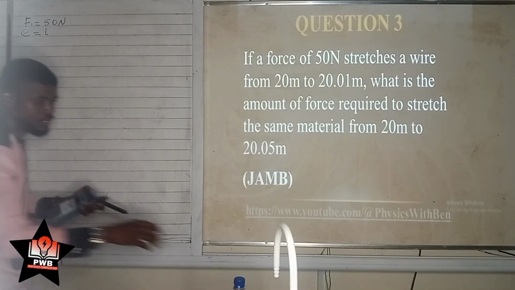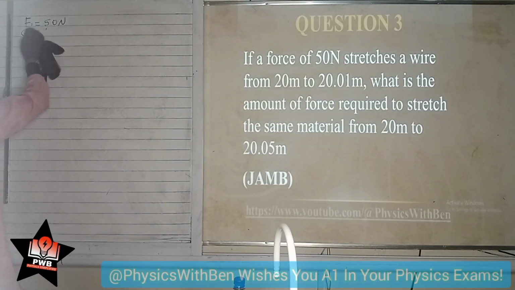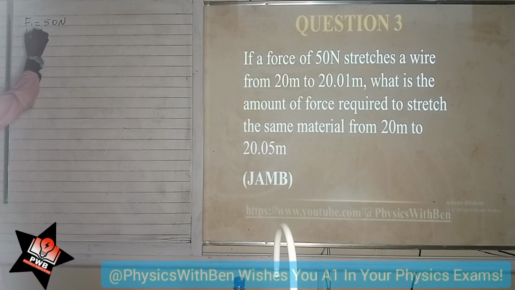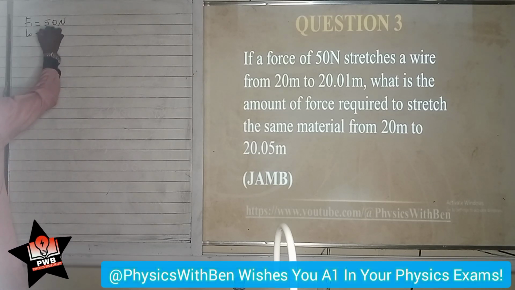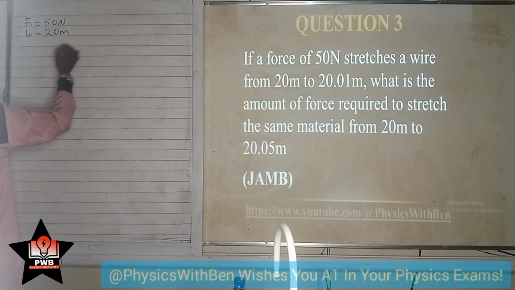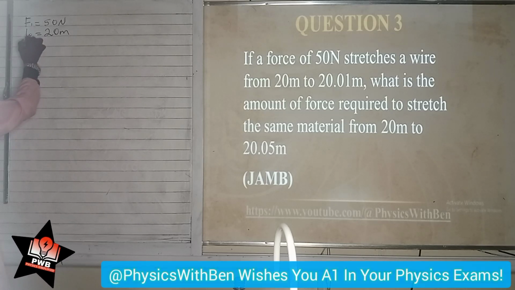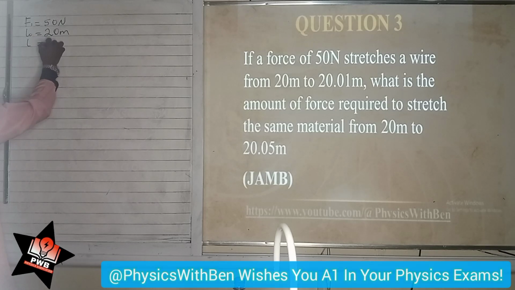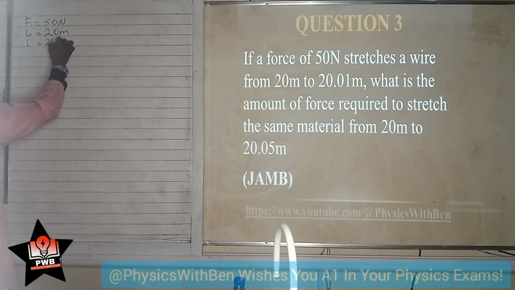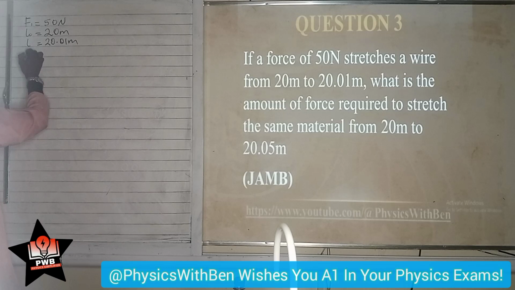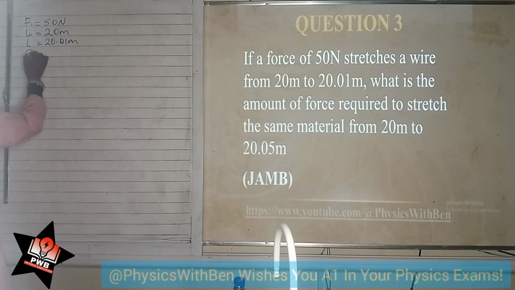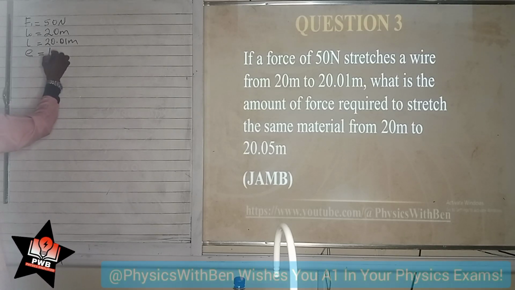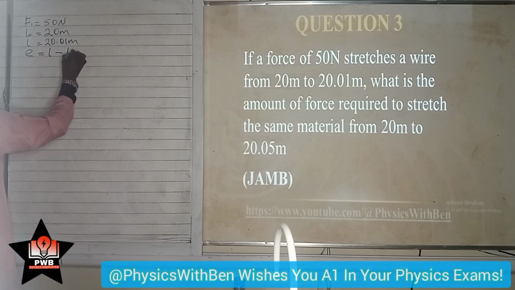Okay, let me break it down so that I don't confuse you. Let's correct it line by line. So our original length L0 is given to be 20 meters, and then our L, the increase in the length, is given to be 20.01 meters. So our extension is equal to the increase in length minus the original length.